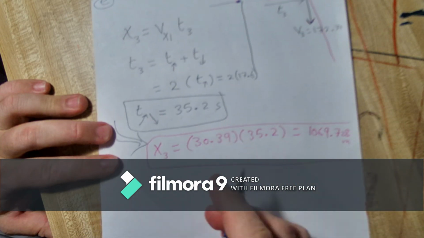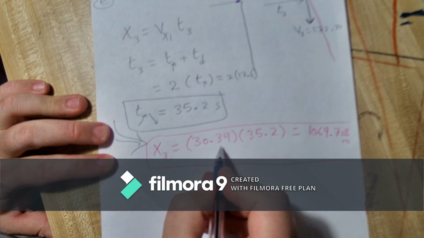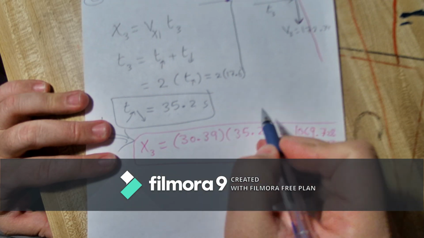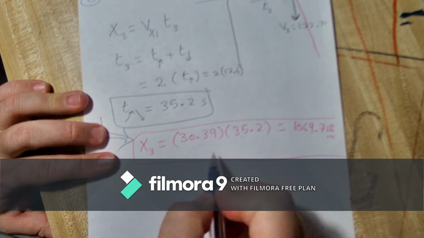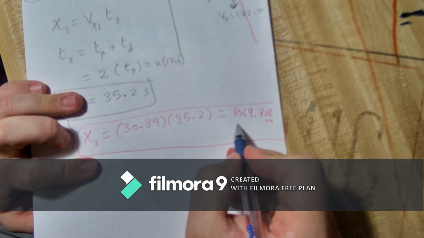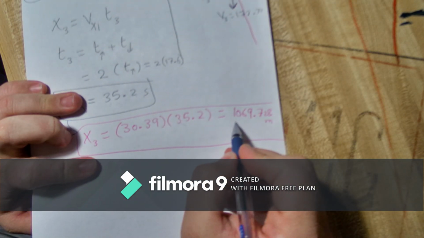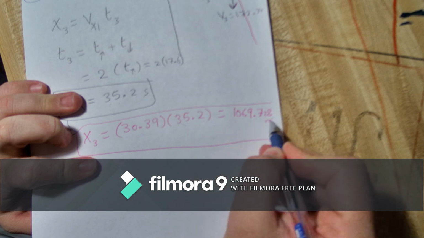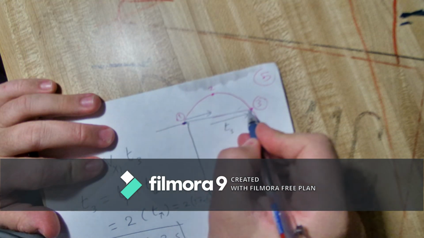We found it before, which is 30.39. Multiply it by the flying time, and this will give us the value. The range is 1069.728 meters. So this range is this value.